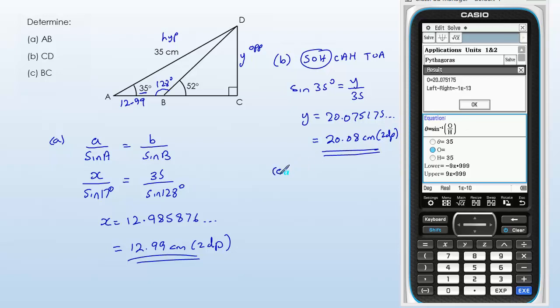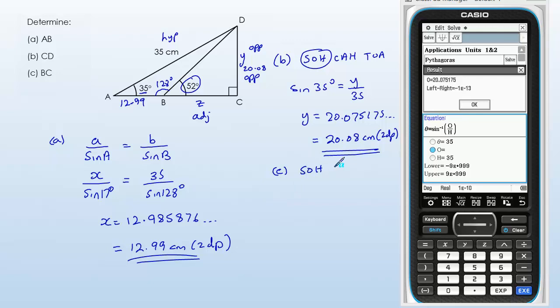So finally we want to find BC. Let's call that one Z. Now I now know this one, don't I? It's 20.08. And so in this right-angled triangle we know enough information. The 52 degrees we know, this is the adjacent and this is the opposite.